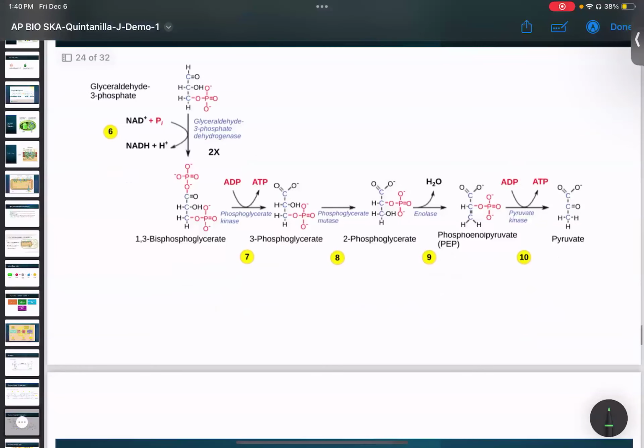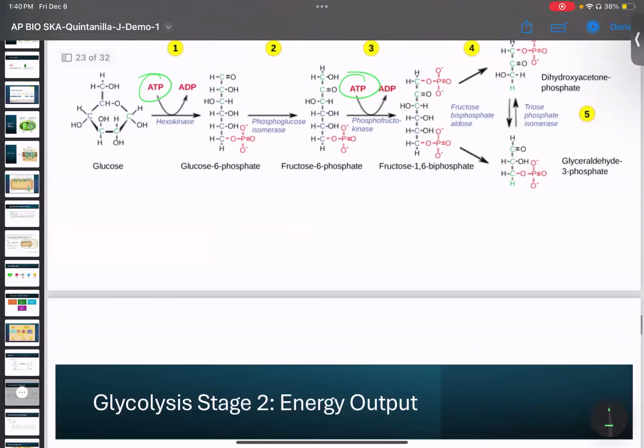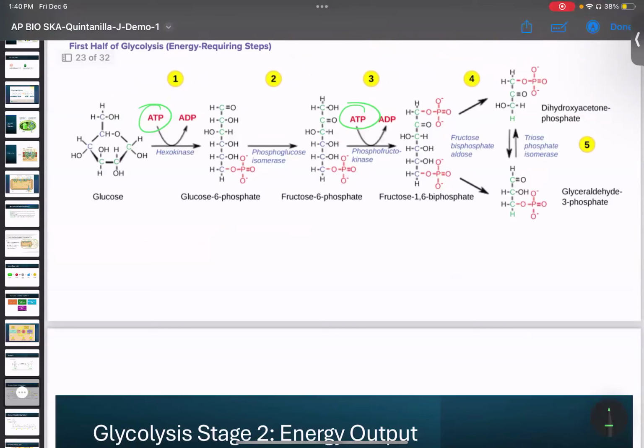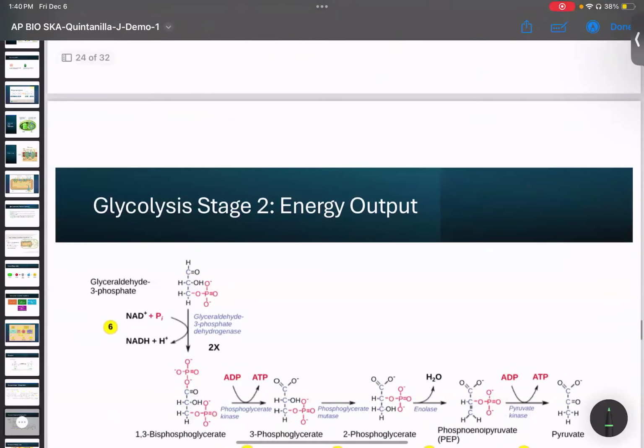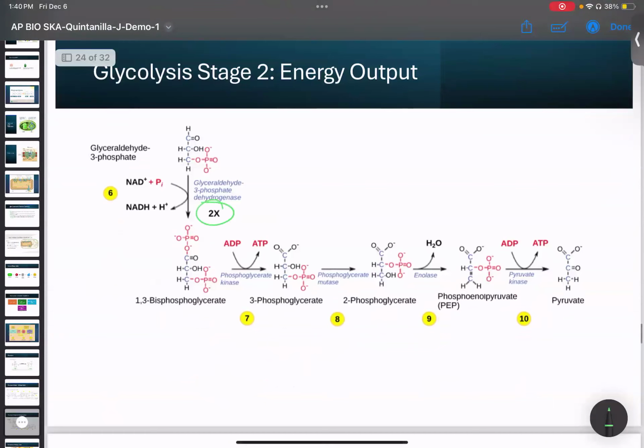At some point we have 2 glyceraldehyde 3-phosphate molecules, and so the reaction happens twice. So at the end, we get 2 times 2, that's going to be 4 ATP molecules in the second stage of glycolysis. But because we invested 2 ATP to begin with, our net result is 2 ATP molecules.